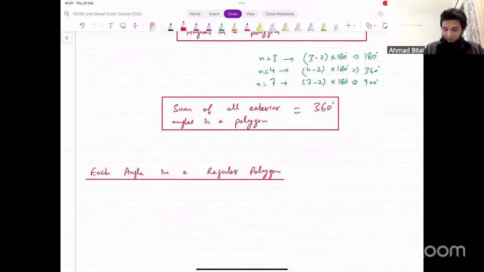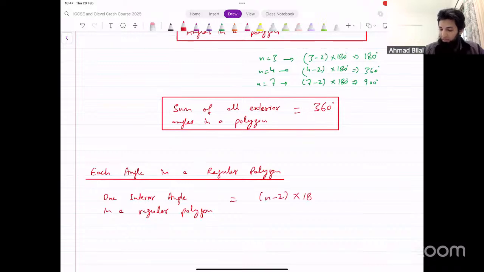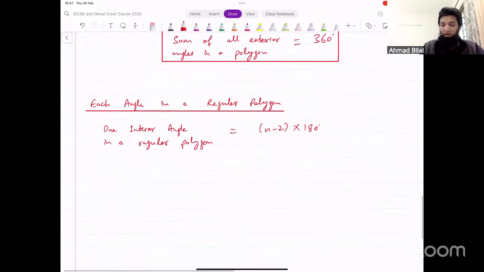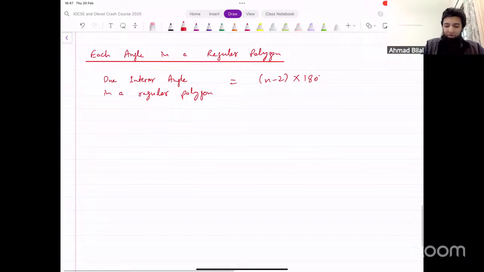So if you want one interior angle in a regular polygon, you know that the sum of all the angles is n minus 2 times 180, right? This is something that you know already. But if it's a polygon that has n sides, and you want the angle at one particular side, how can you find that?